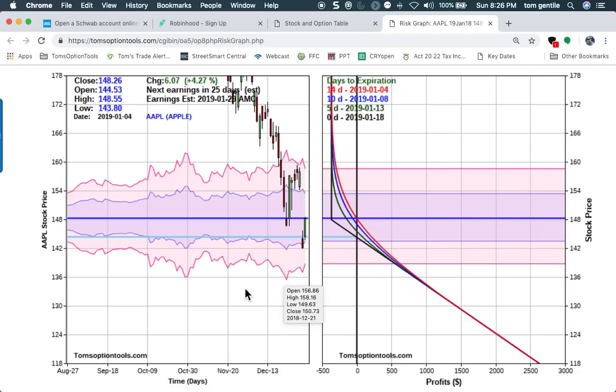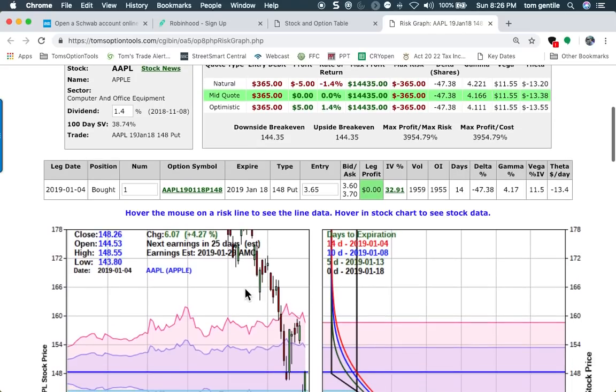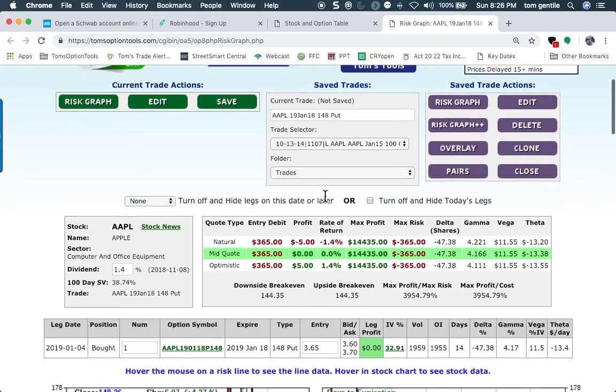Because if you hold the 148 put and the stock goes to 140, that's 8 points in your favor, because you have the right to sell it at 148. If it's trading at 140, that's an $8 difference. That means these puts are going to be worth at least $8. If you pay $365 for something that's worth $8, you more than doubled your money.